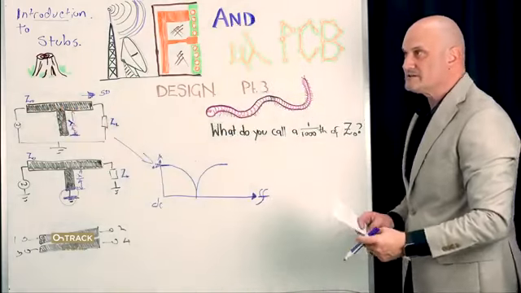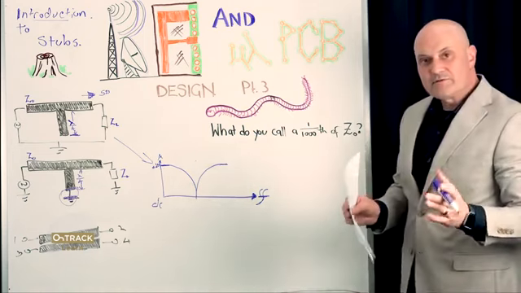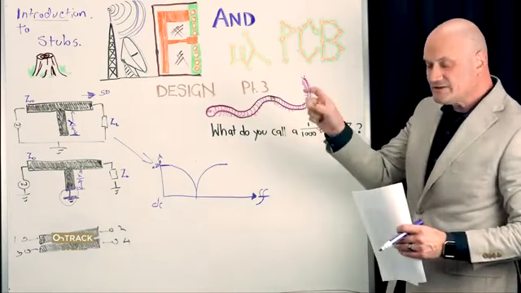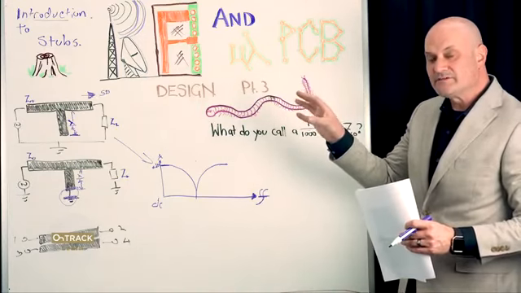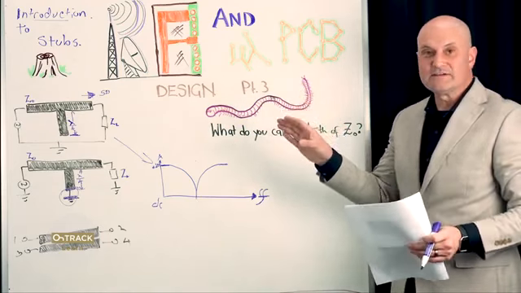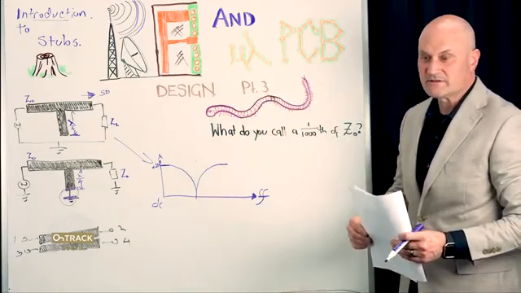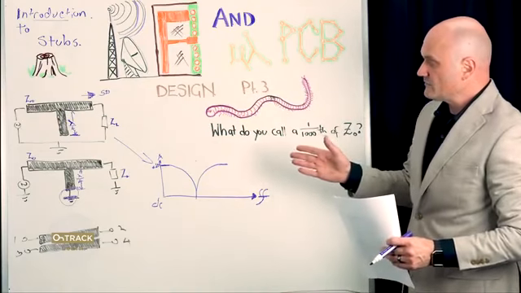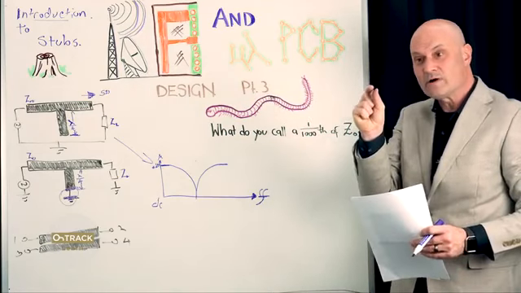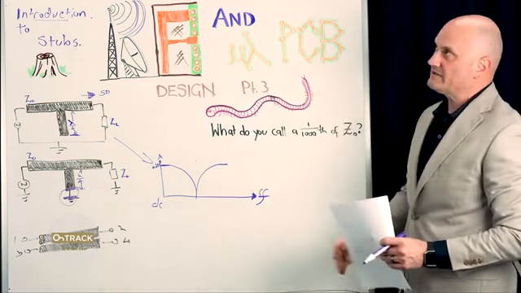Remember in the first video when I said, and this is true, if the features on the board are long enough to become a significant fraction of a wavelength, then you have to treat them like these kinds of elements. And if your features on the board are much smaller than a 16th or a 20th of one wavelength, then it's kind of like, what's a good analogy?